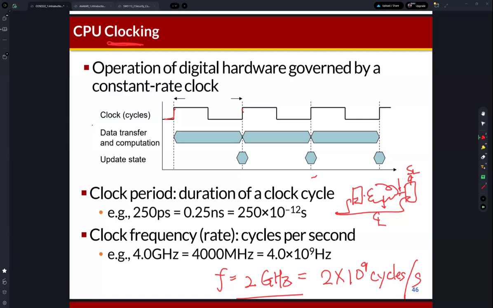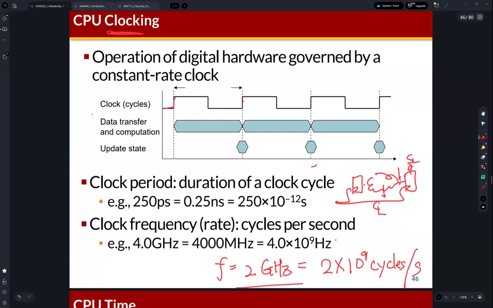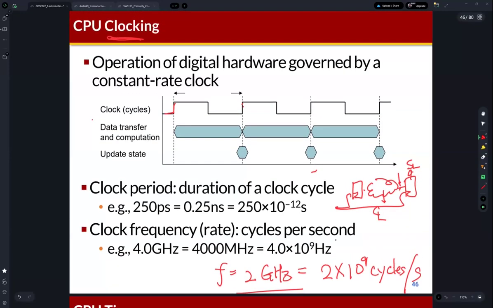So how many clock cycles, or what clock frequency? Try to understand this. The clock period is the duration of a clock cycle, so this is one clock cycle. Then clock frequency is the inverse of clock period.